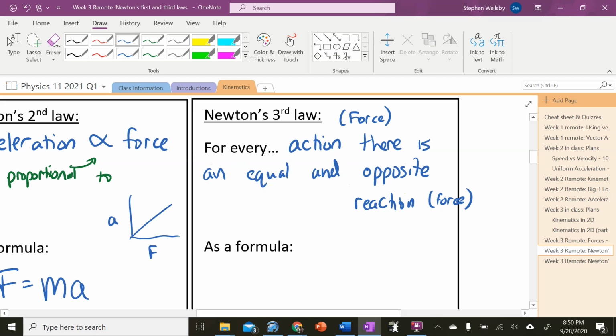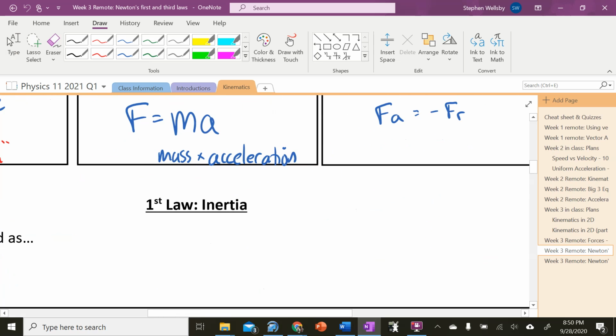So for every action, or every force, there's an equal and opposite reaction force. If we wanted a formula for this, it would be Fa equals the negative of Fr. So if there's an action force, there's going to be a negative reaction force. For example, if we push something down, there's going to be an equal and opposite force pushing back up on us. So let's take a look at the first law.